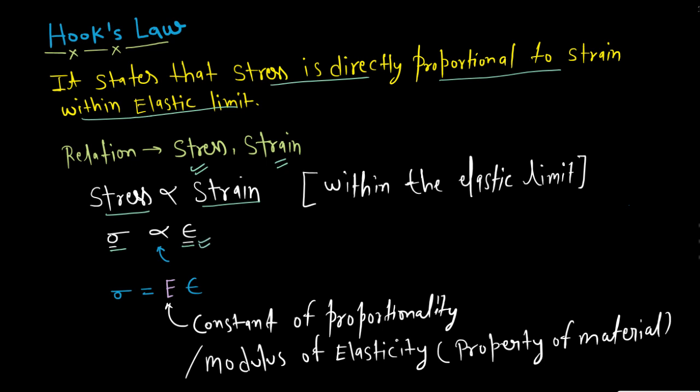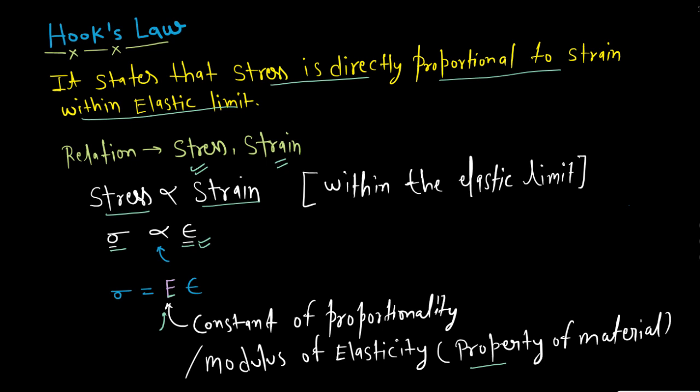I am using E as a constant, known as the constant of proportionality, and here we will call it the modulus of elasticity. This is the property of the material, so different materials or different solids will have different values of E.